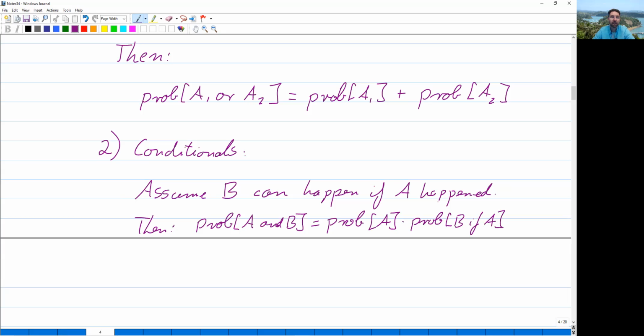So B is conditional on A having happened, but B doesn't necessarily happen just because A happened, it's just a possibility, right? So the probability that A and B happen is the probability that A happens. This makes it possible that B may happen, and it has a certain probability for it. The total probability that A and B both happen is the product of these two probabilities.